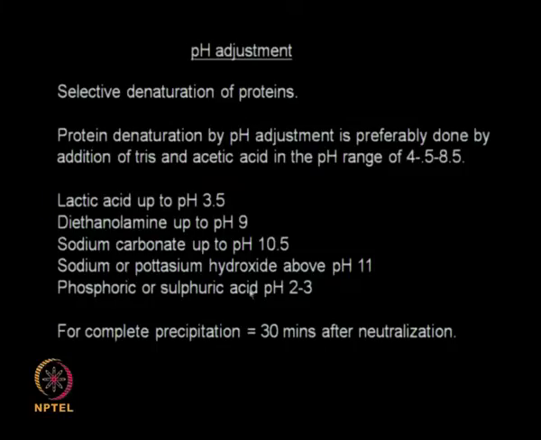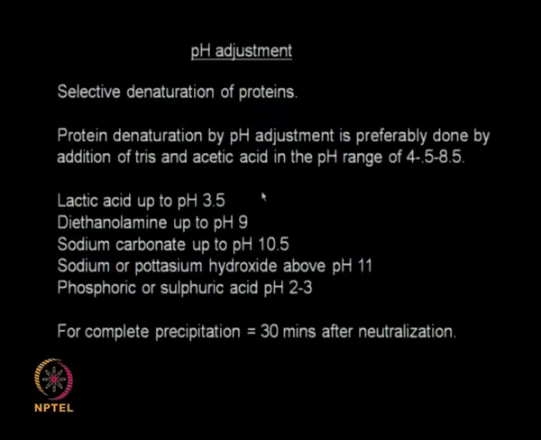We can add phosphoric or sulfuric acid at pH 2 to 3. So you see that if I want to move into acidic range or if I want to move into alkaline range, I can consider all these acids and alkalis depending upon the denaturation of the protein and precipitation of the protein, we can select the pH.